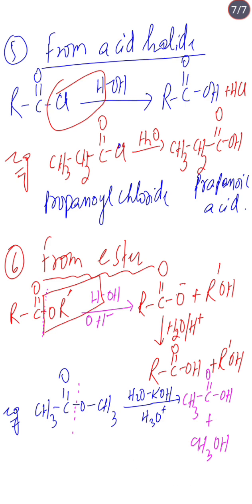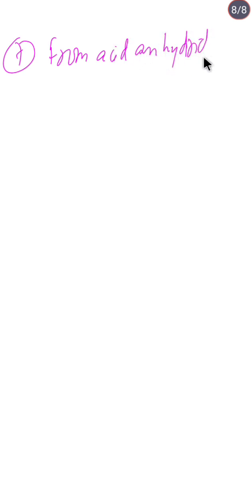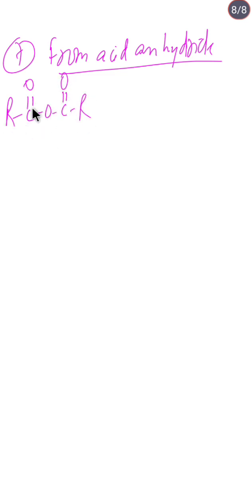Okay, next preparation is from acid anhydride, again by hydrolysis. This is the structure of acid anhydride. Again, these two R groups can be the same or different. If it is reacted with water in presence of an acid, this bond or this bond is broken depending upon the nature of the two alkyl groups.